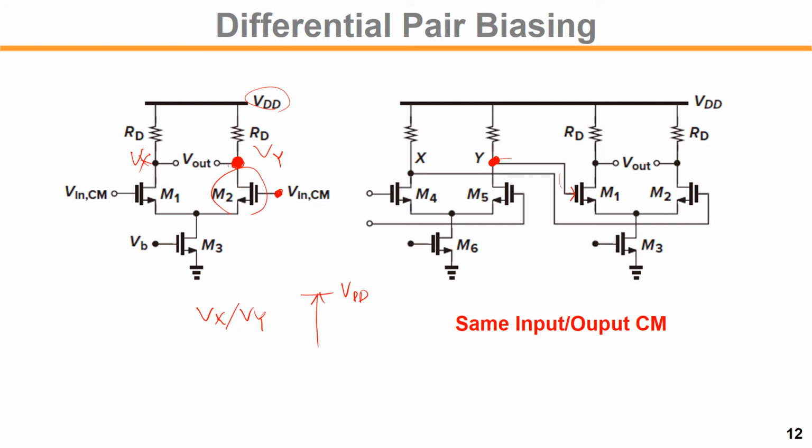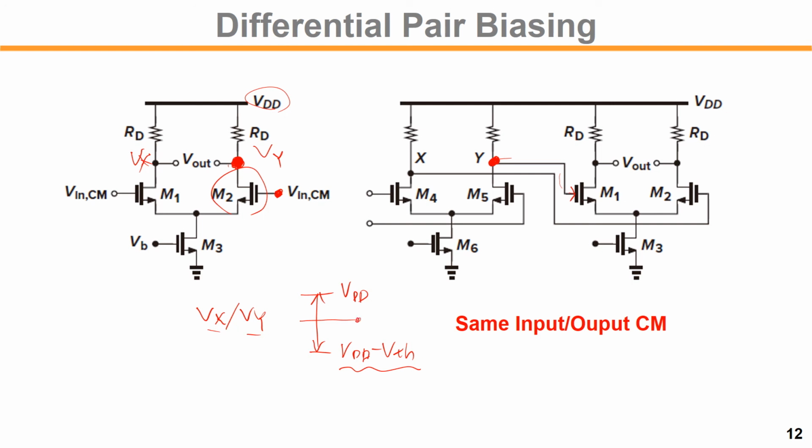That would be VDD minus VTH, right? So the Vx and Vy signal range would be between VDD and VDD minus VTH. So for this kind of differential circuit, if you want to ensure everything is in saturation, its swing range is limited by the VTH, right?